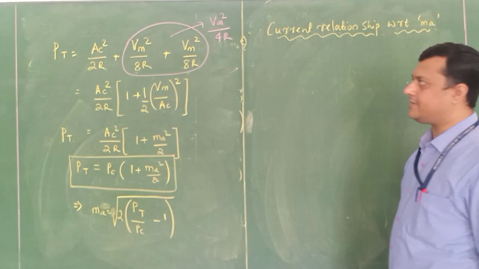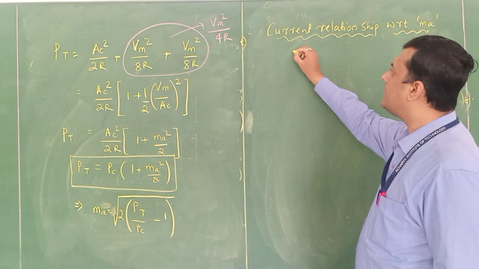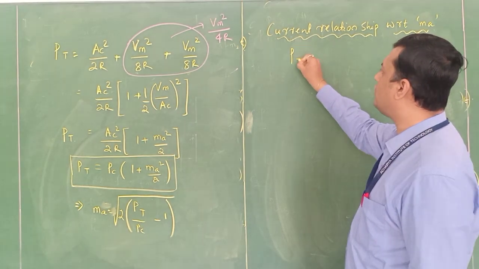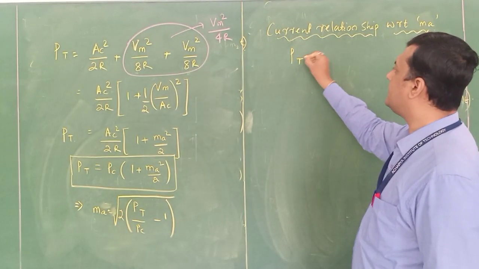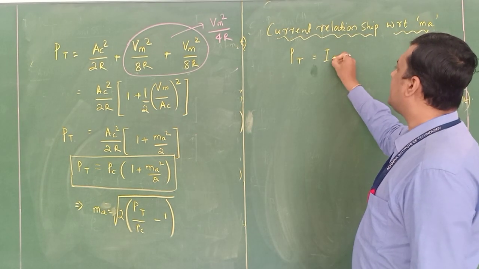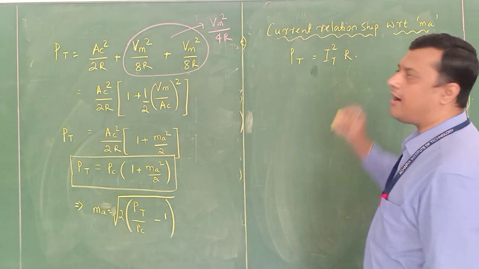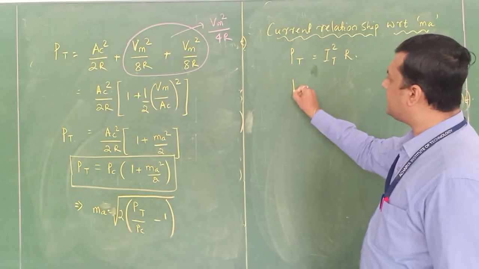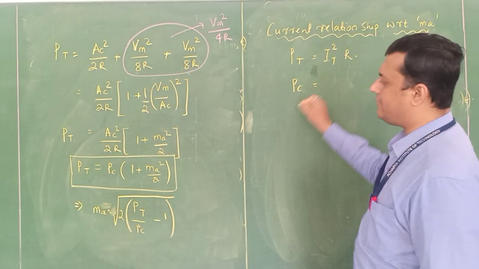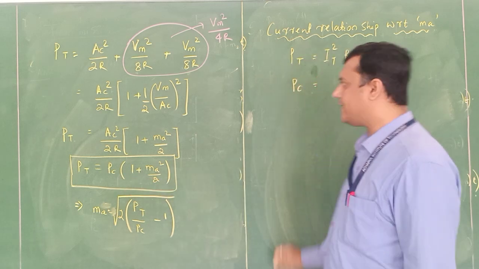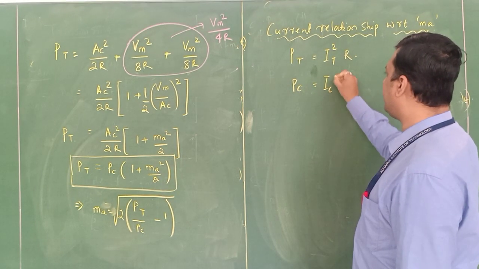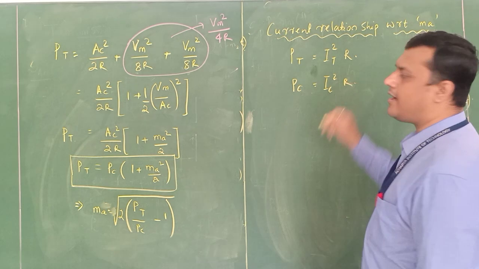Since we are transmitting the total power PT, I can write it as transmitted current IT square into R. Similarly, for carrier power PC, I can write carrier current square into R.